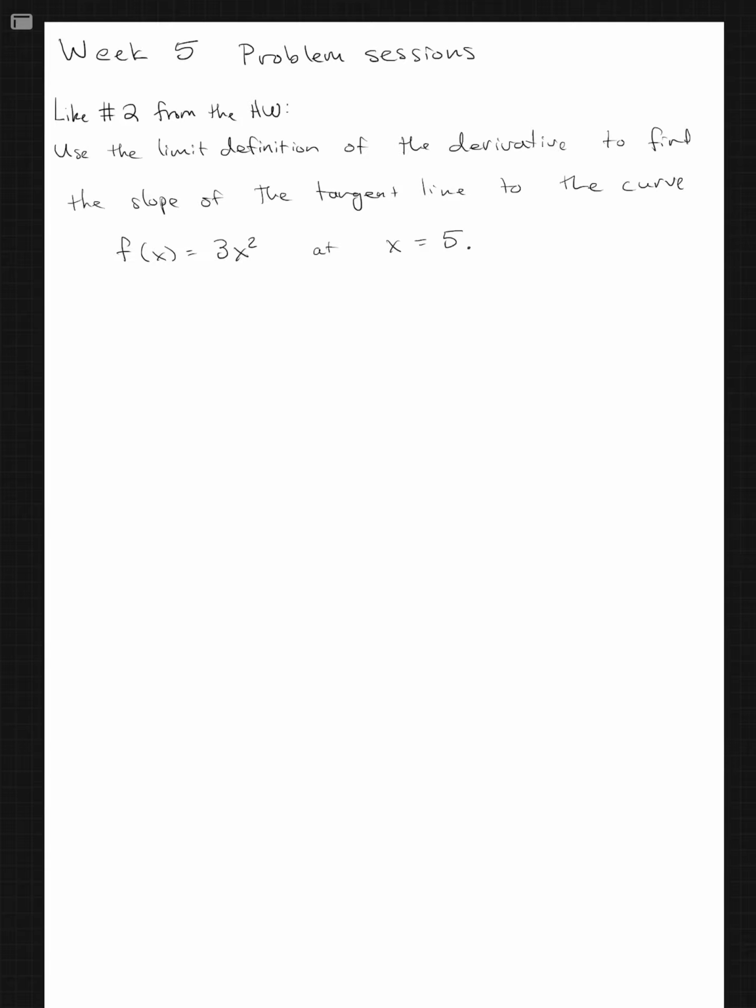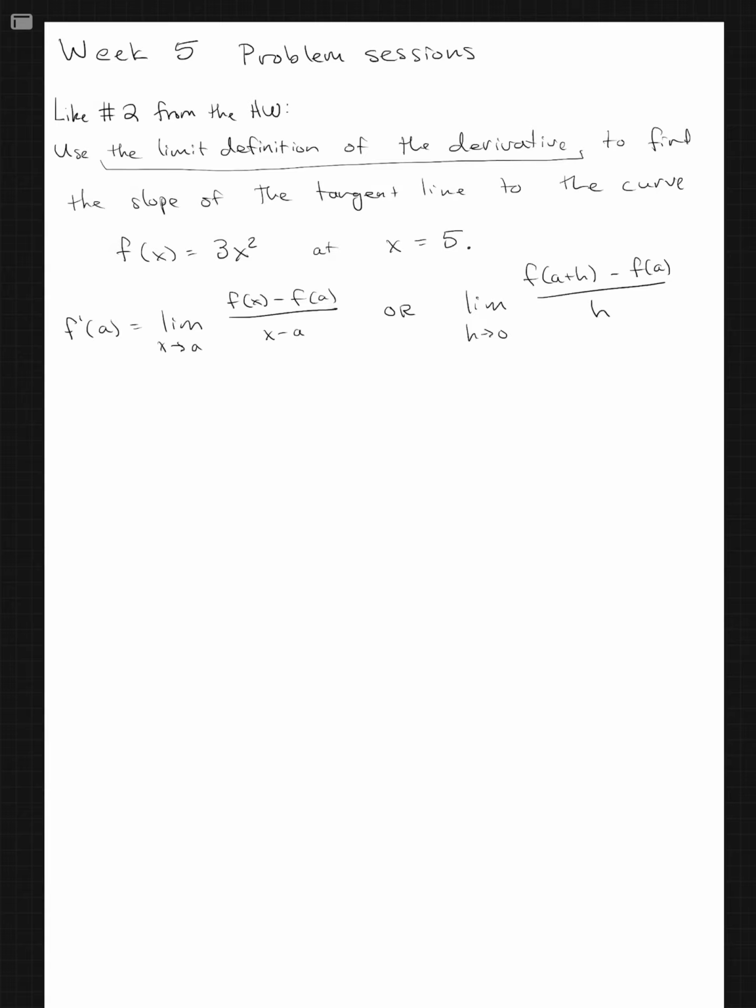Right? So first off, we want to make sure we understand what all is in this problem. So the limit definition of the derivative means that we're going to be using f prime of a equals the limit as x goes to a of f of x minus f of a all over x minus a, or the limit as h goes to 0 of f of a plus h minus f of a all over h.